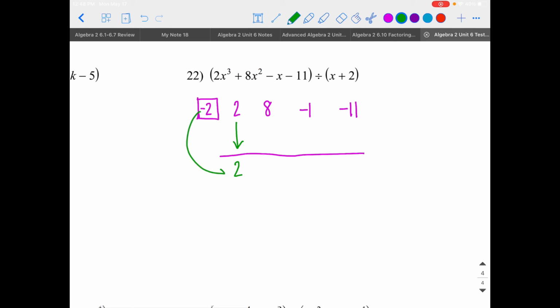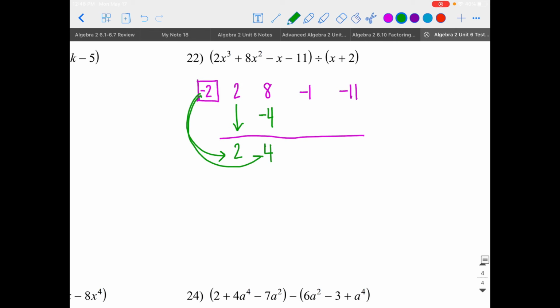then we multiply. Negative 2 times 2 is negative 4. Then we add. 8 plus negative 4 is 4. Then we multiply. Negative 8. Then we add. Negative 9. Then we multiply. 18.